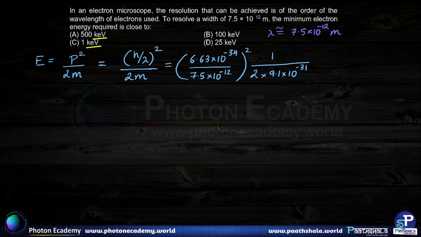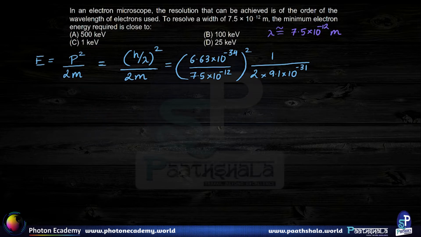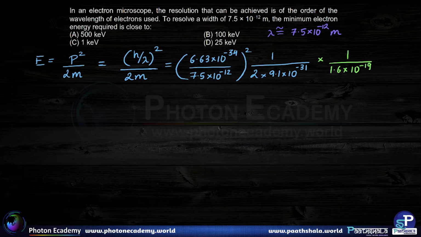So we anyway have to convert this energy that we have obtained in joules into kilo electron volts. So it does make sense to multiply over here itself with 1 upon 1.6 × 10^-19. Okay, so this will give me energy in electron volts. That we can separate out by separating out 10^3 and write the energy in kilo electron volts later as we proceed with the calculation.